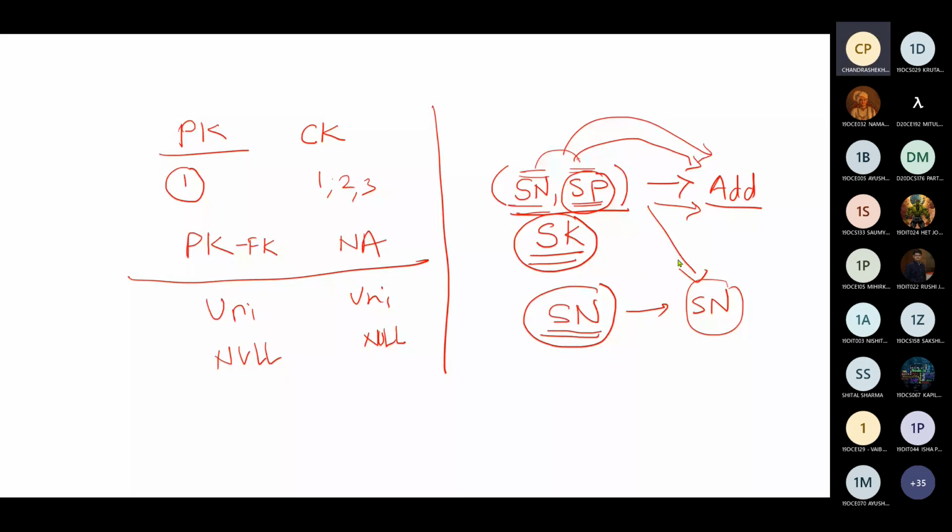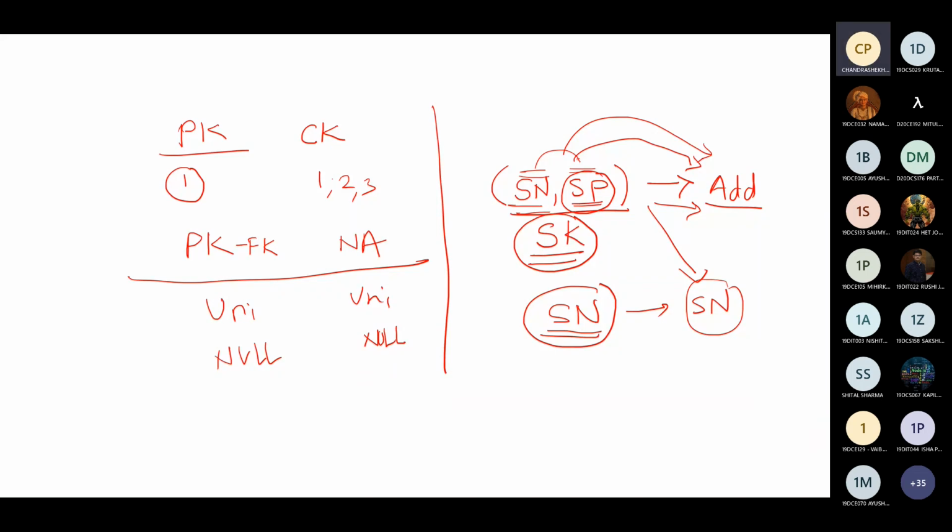So we can use this set of attributes, meaning we can combine one or more attributes to find the unique information. That is the difference between these three keys: candidate key, super key and primary key. First you have to remember the candidate key. A candidate key is a minimal super key.